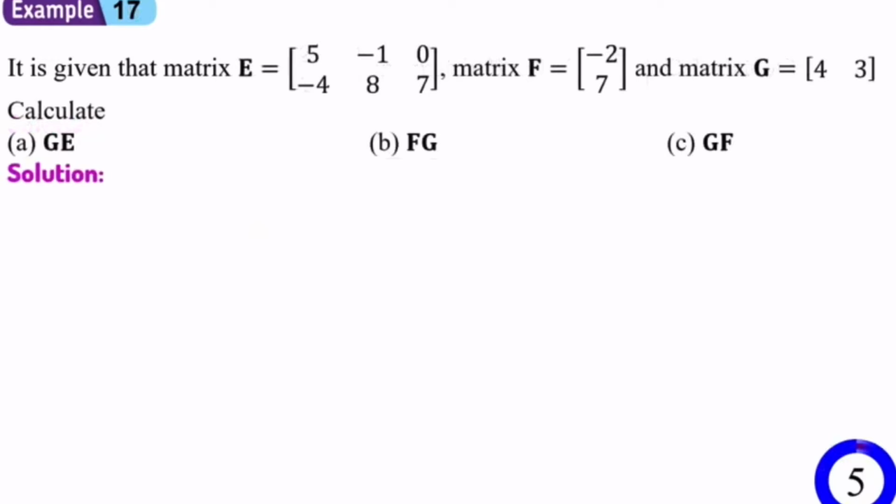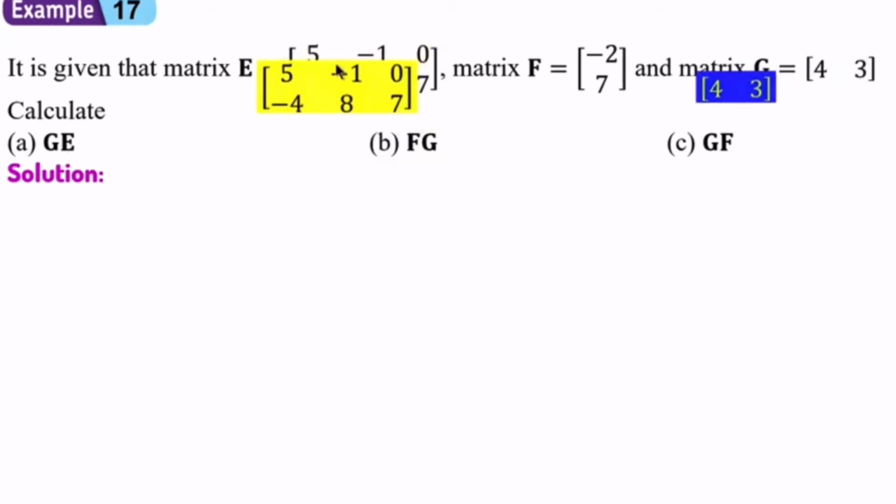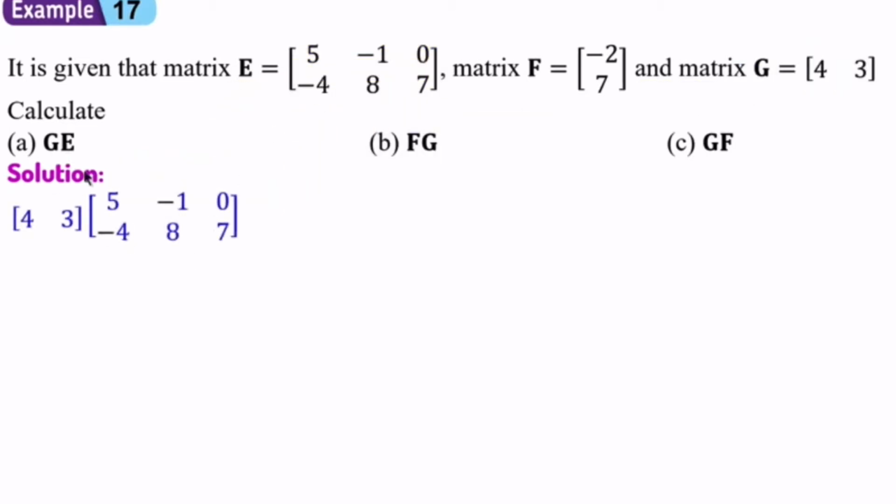Now let's have a look at another example, which is given that matrix E is 5, negative 1, 0, negative 4, 8, 7. We want to multiply the matrix G, 4, 3, with the matrix E. So let's write down matrix G first, followed by E: 4, 3, and 5, negative 1, 0, and negative 4, 8, 7.